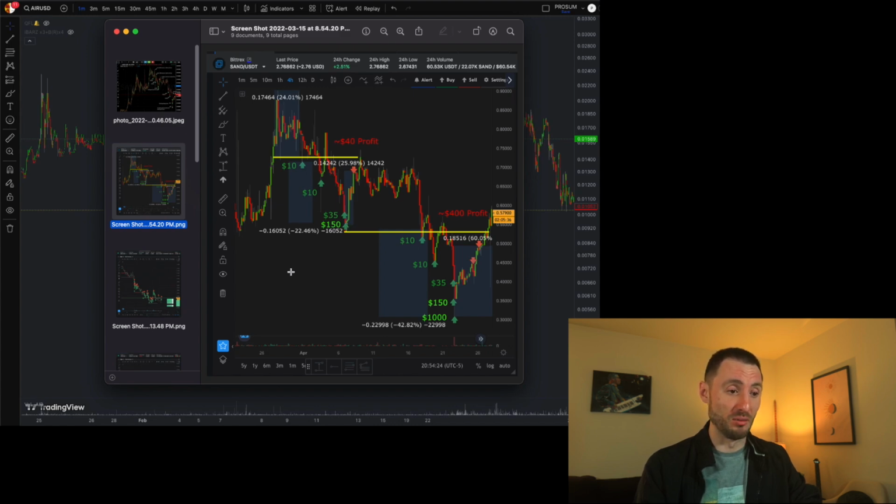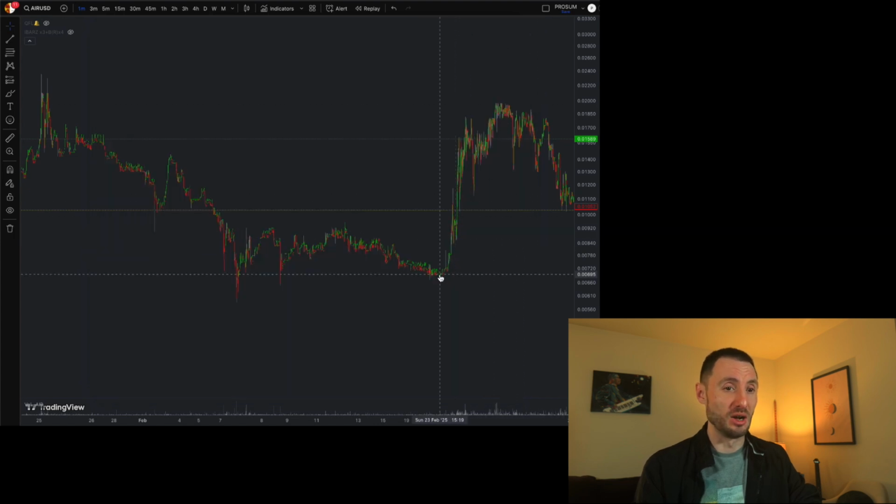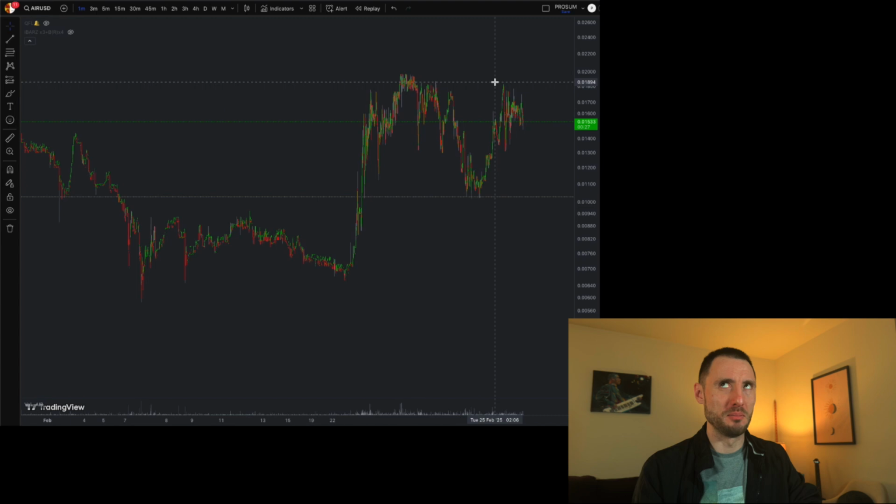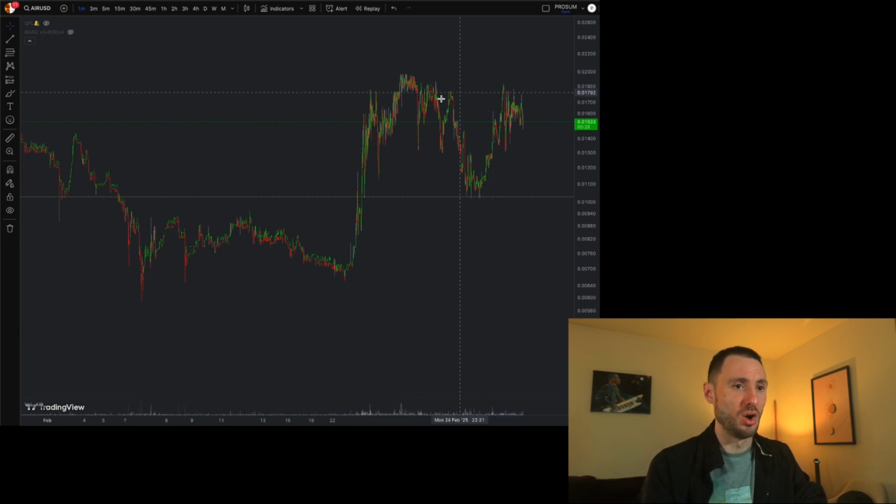I mean, this did happen over a couple of days, so this is a lot more trustworthy than this, which could be a pump and dump. That is the only downside to showing you this example, but it's got the same kind of mentality, just on a way faster time frame.